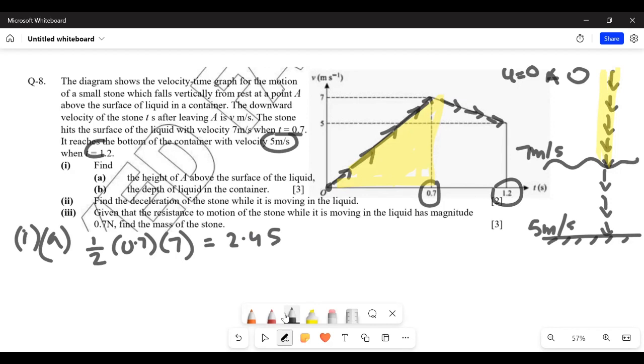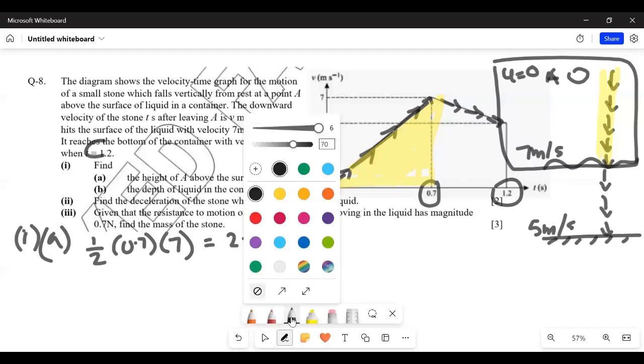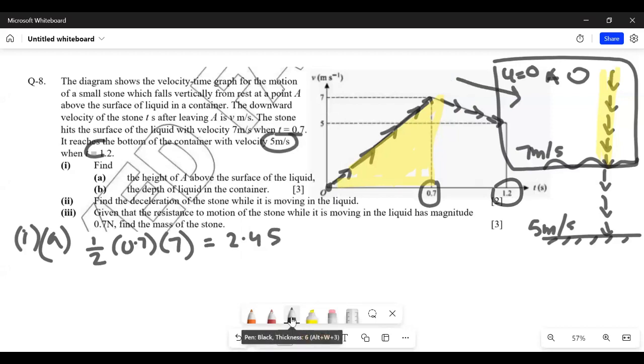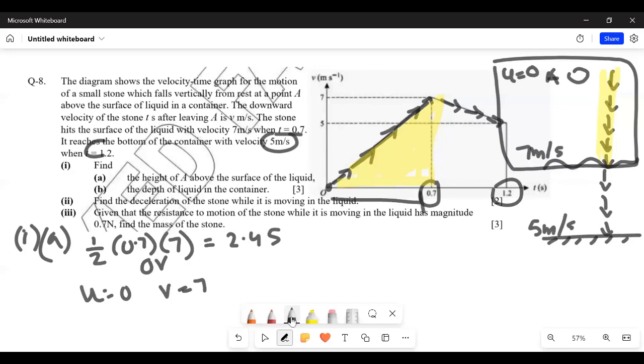Or you could also have used the equation of motion here if you were using this part. So I was saying that if you use this part, then you can also find this using equations of motion. What do we know here? That u is 0 and v is 7 and the time taken is 0.7.